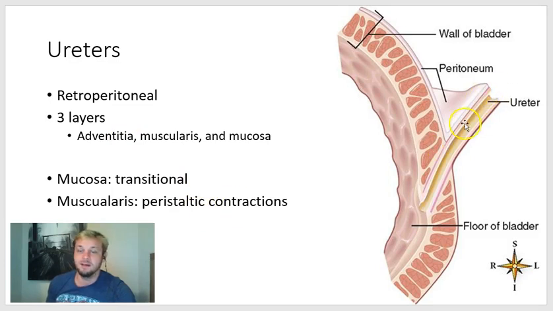The muscularis does do peristaltic contractions to help force the urine down into the bladder, but it doesn't have to do it really hard because most of it is just going to be done by gravity.